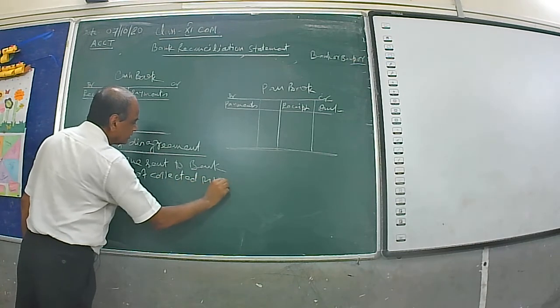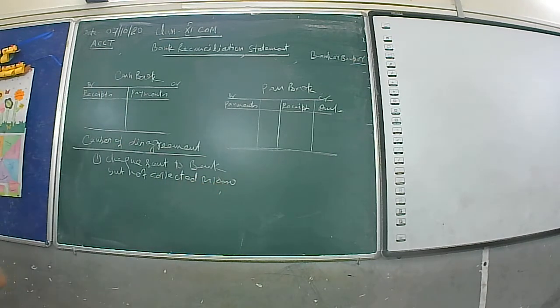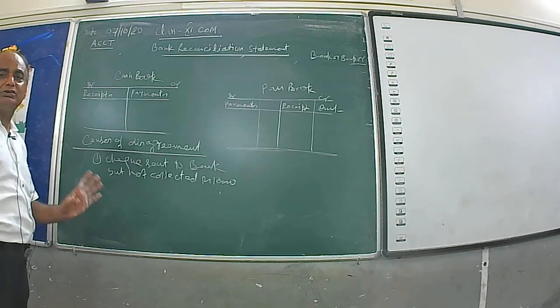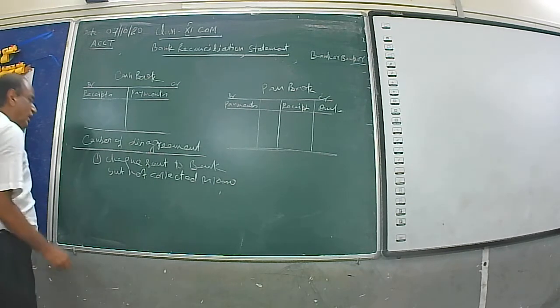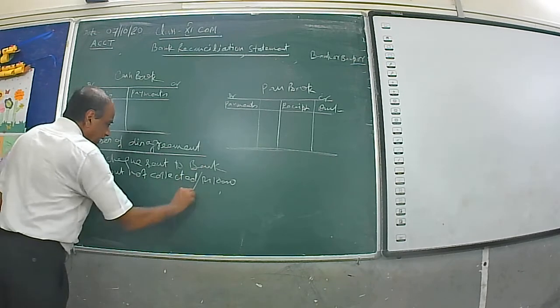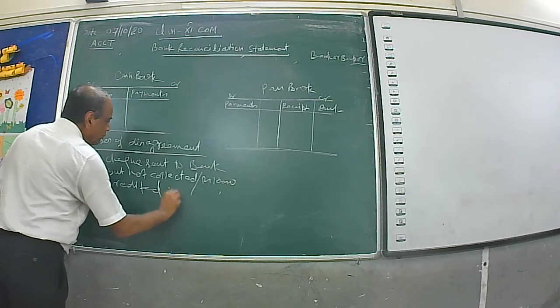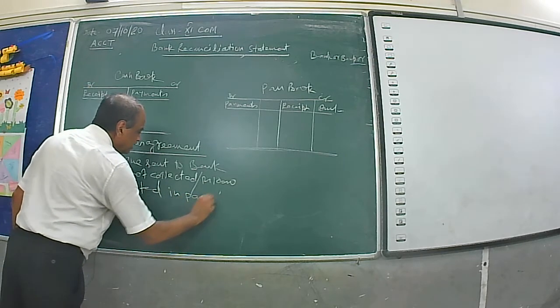Rupees 10,000. See, check sent to bank but not collected. Rupees 10,000 are credited, collected or credited in passbook, you may write.